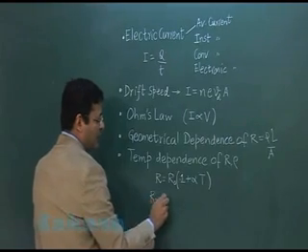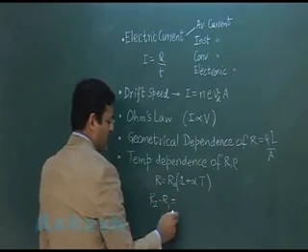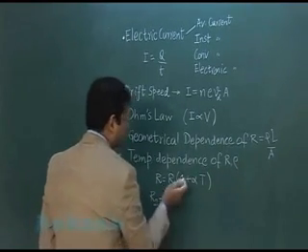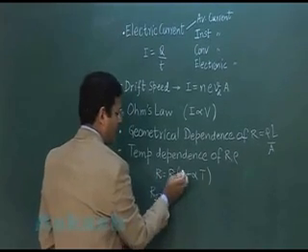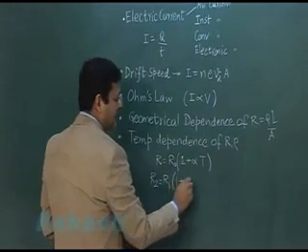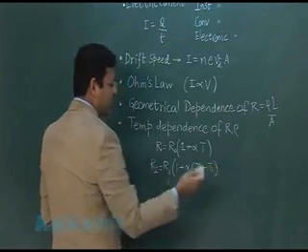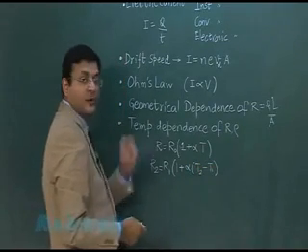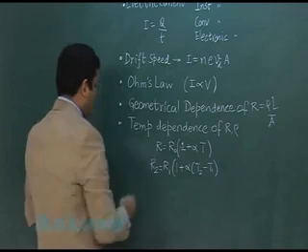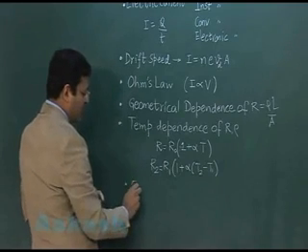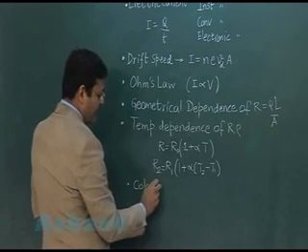We also wrote a special case that if temperature change is small, then you can write this equation like this. Same thing you wrote for resistivity as well. Then you talked about color code of resistors.